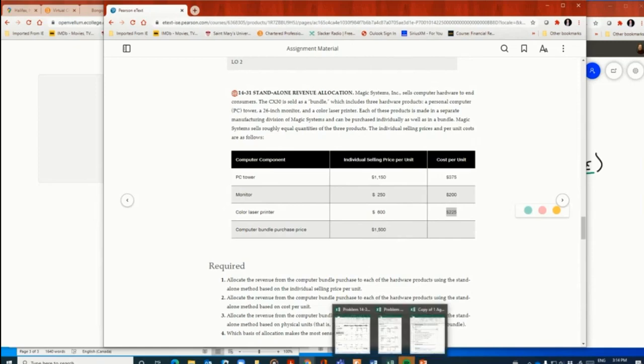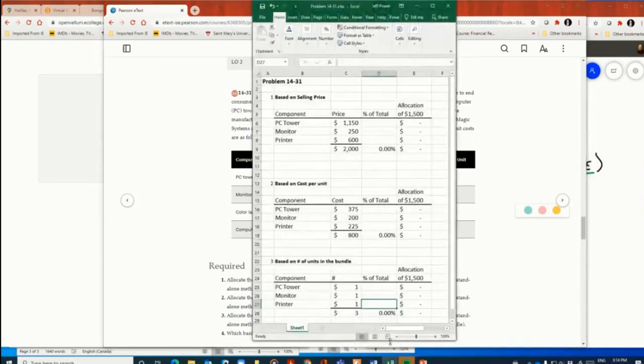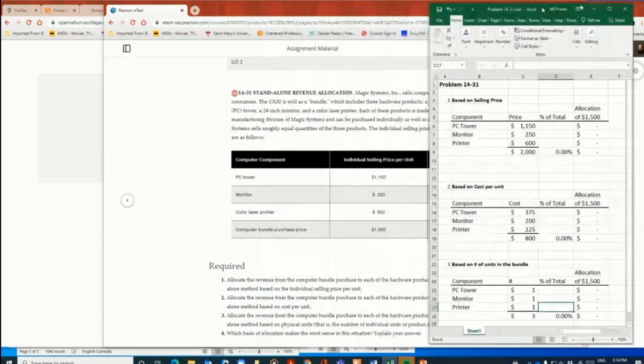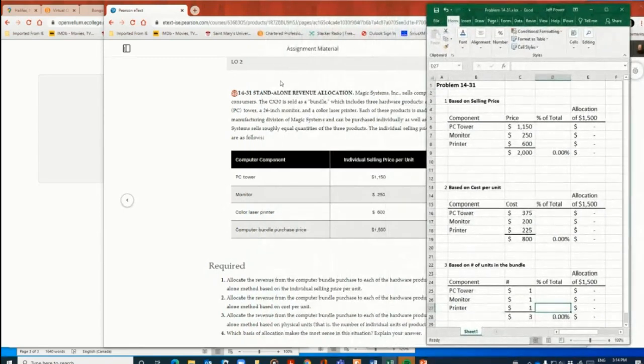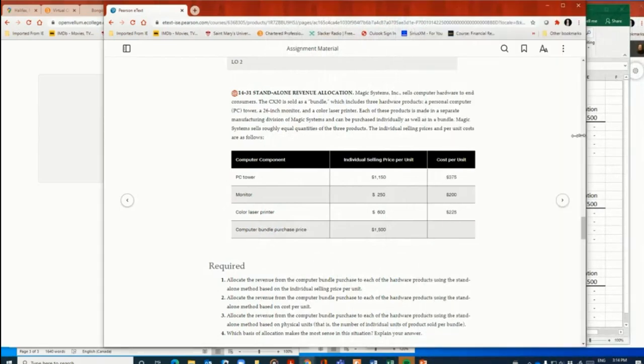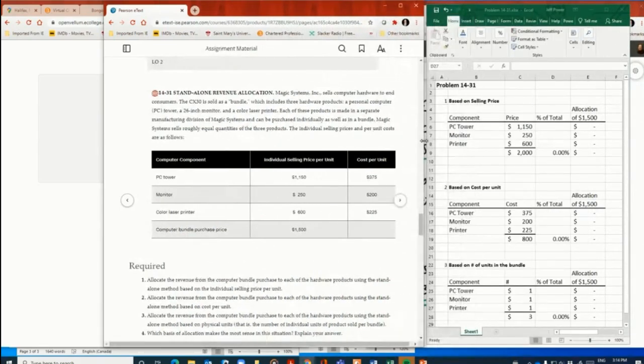So I've set up a little spreadsheet here in advance. So I'm just going to put that off to the side. Move this over.